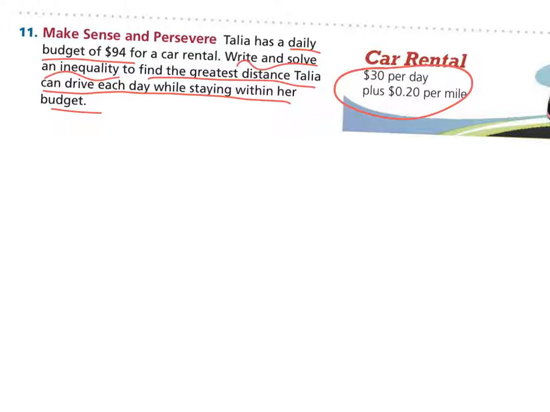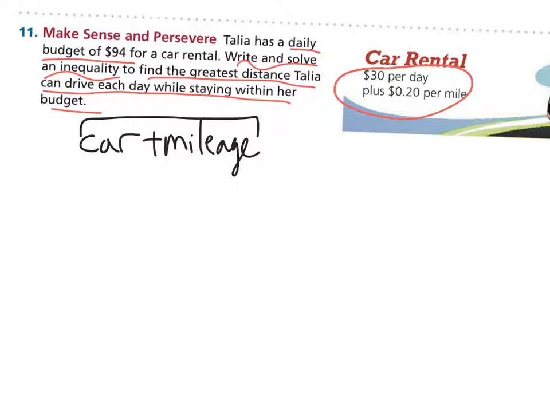So we've got basically the car rental plus the mileage. Those are our two costs. Those two added together gives us our total costs. And we want to stay in our budget here of $94.